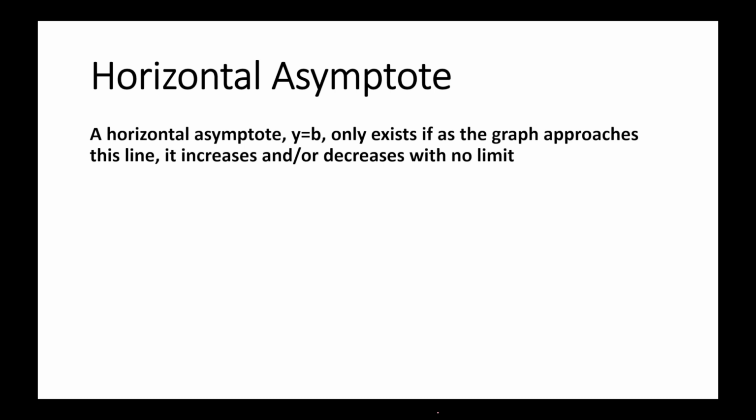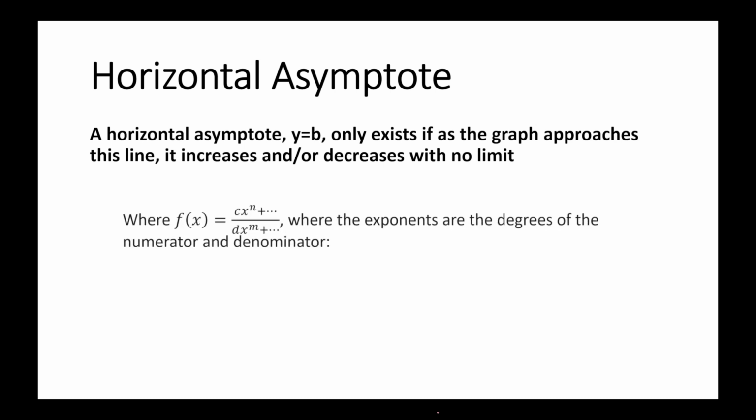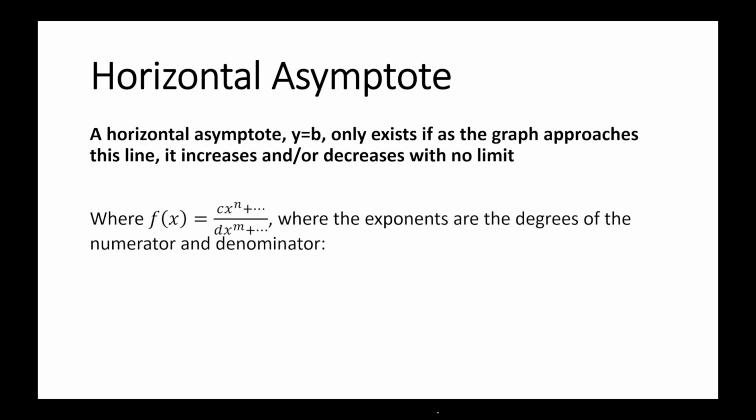Well, for a horizontal, it's y equals some number, a fraction, a whole number, an integer, a decimal. It only exists if as the graph approaches, it increases and or decreases with no limit. It never touches this invisible line. So, pay attention to the terminology here.